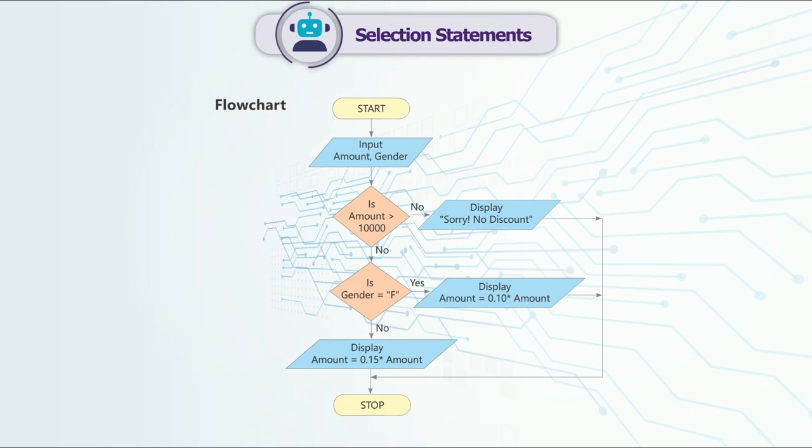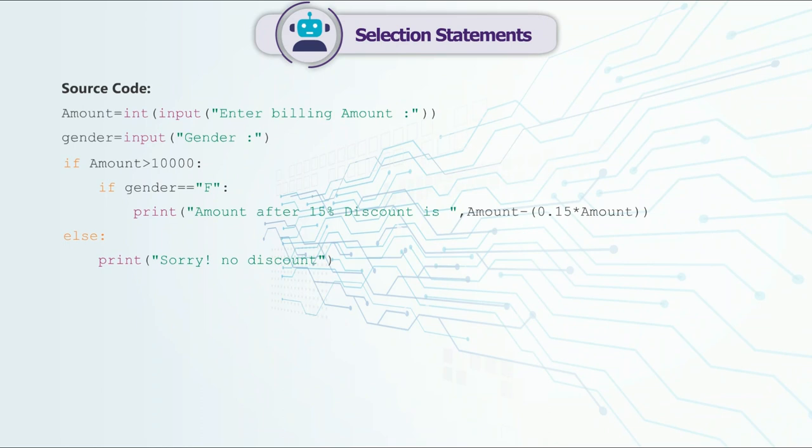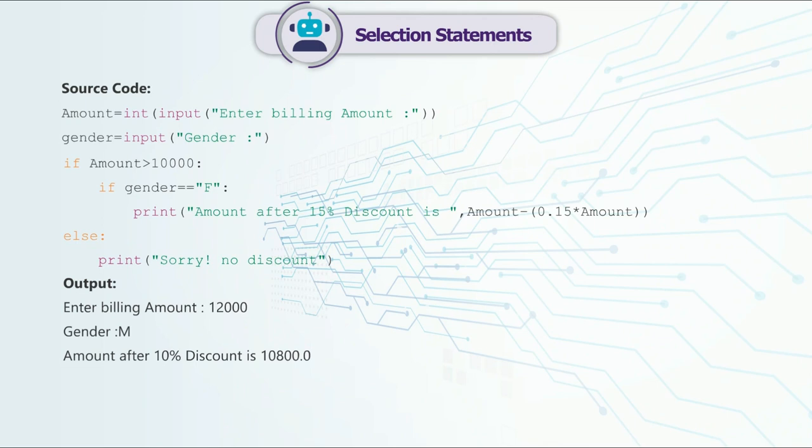If no, display amount is equal to 0.10 multiplied amount. Stop. Source code. Output. Enter billing amount 12,000. Gender M, male. Amount after 10% discount is 10,800.